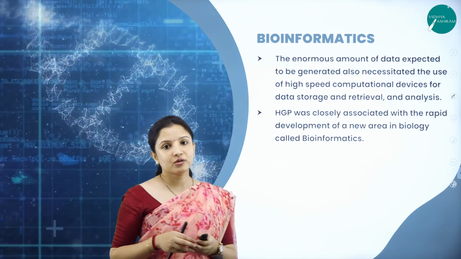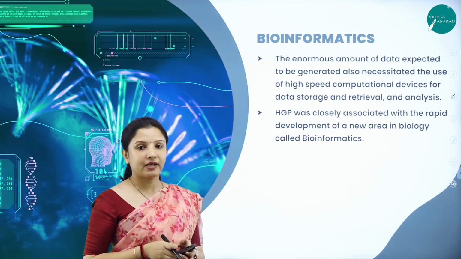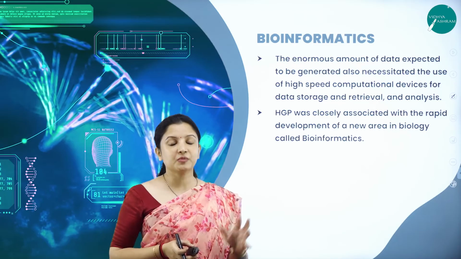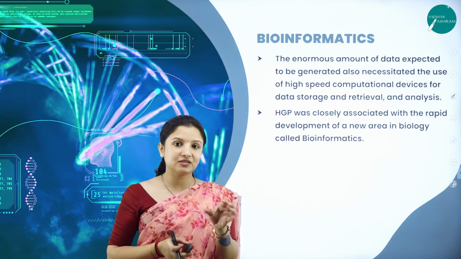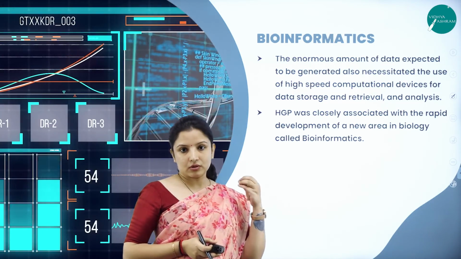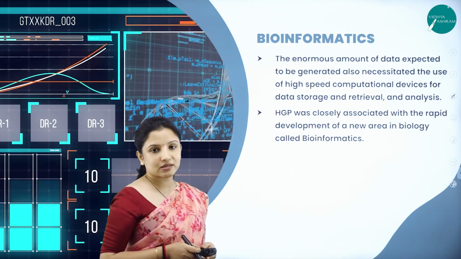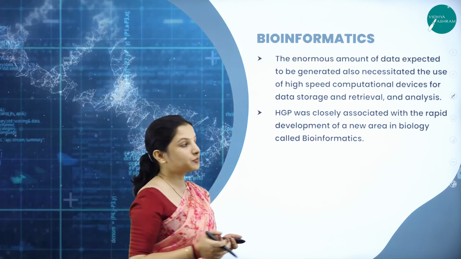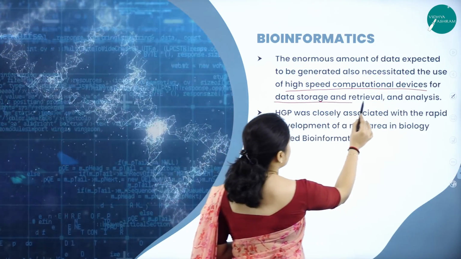So we'll study what bioinformatics is exactly. There is an enormous amount of data. Instead of typing, as I told you, 3,300 books would be needed to type the sequence of one DNA strand, right? So instead of doing that laborious work, the enormous amount of data expected to be generated also necessitated the use of a high-speed computational device for data storage and retrieval.